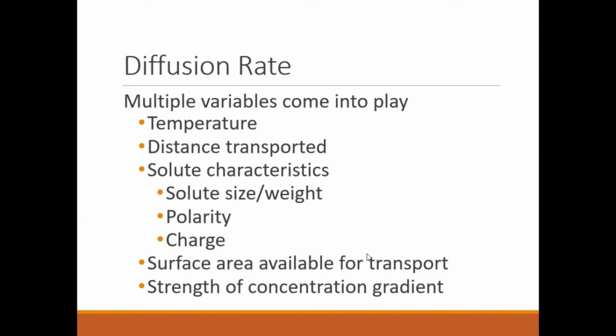So how quickly we see solutes diffuse will depend on a number of different variables. We're going to knock these off the list here first, but I do want to point out right away: solute characteristics, surface area available for transport, and the strength of the concentration gradient.